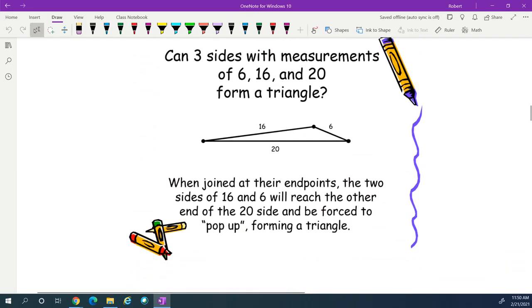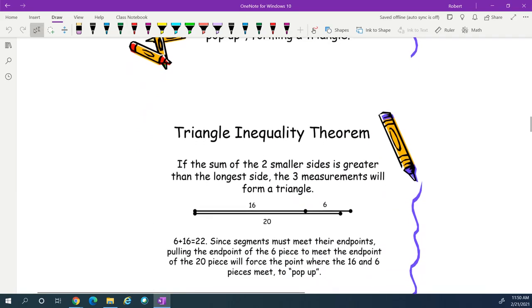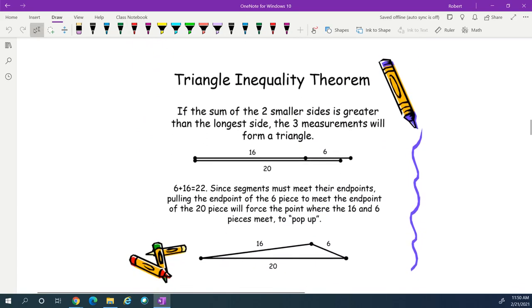But if we used 16, 6, and 20, that would form a triangle. Think about it in the sense that when it was 14 plus 6, it reached the other end, but that's it, it laid flat. When it's 16 plus 6, if we laid it flat, it would actually stick out past the 20.